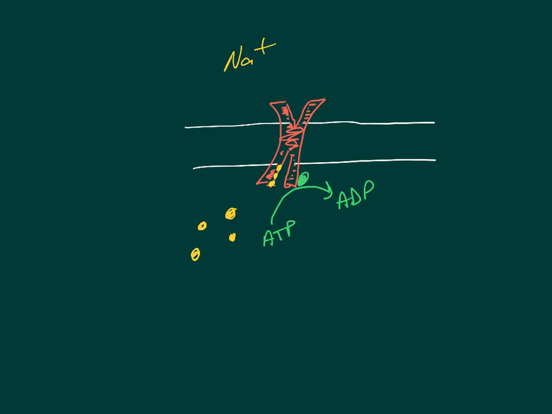Let me undo that. The phosphate is here, okay? When that happens, this protein changes its form. It changes what it looks like.